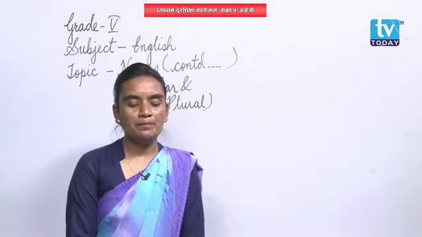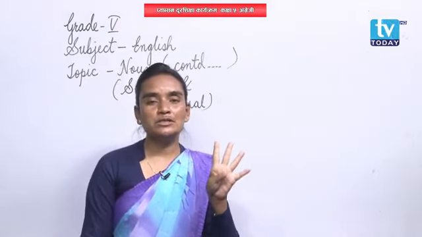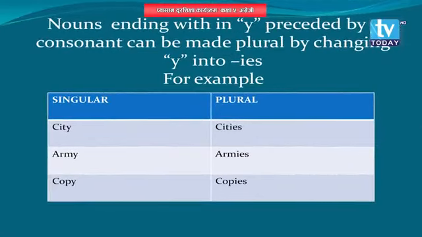The next one is the fourth rule for transforming singular into plural. The fourth rule is there, dear children. If the word or the noun ends with Y preceded by a consonant, then it can be changed into its plural form by adding IES.